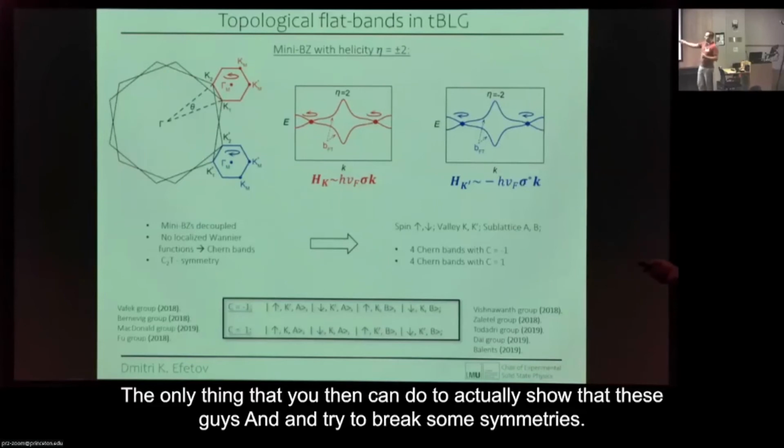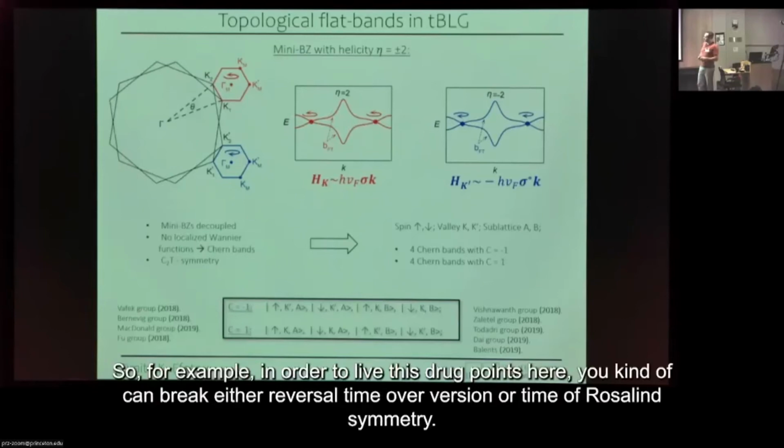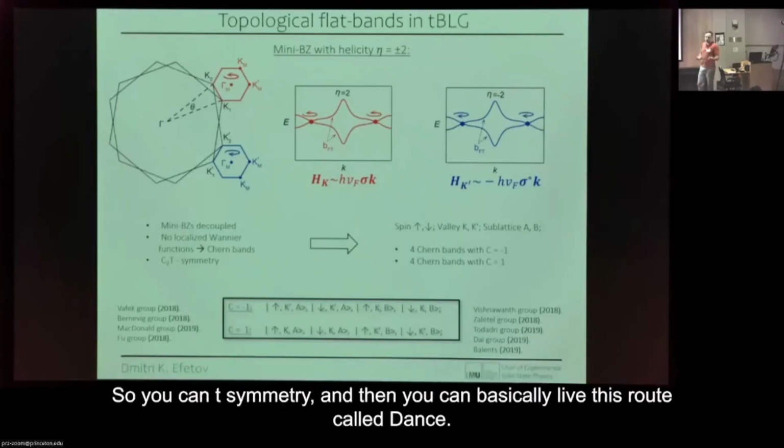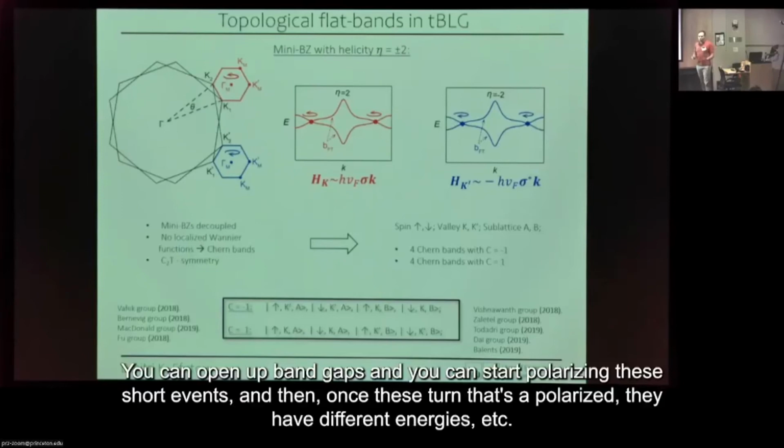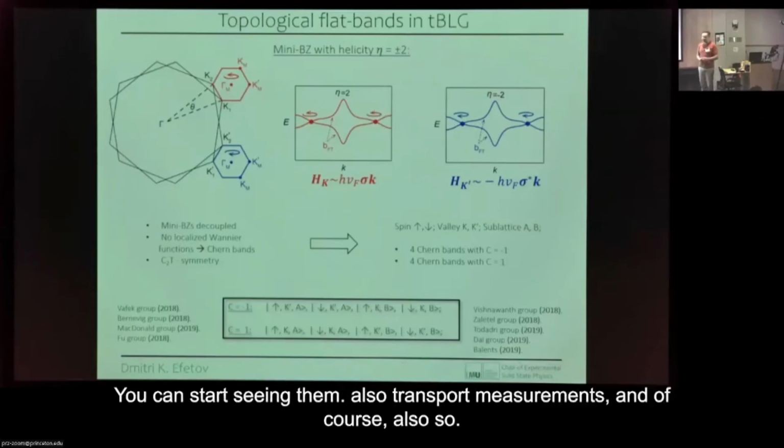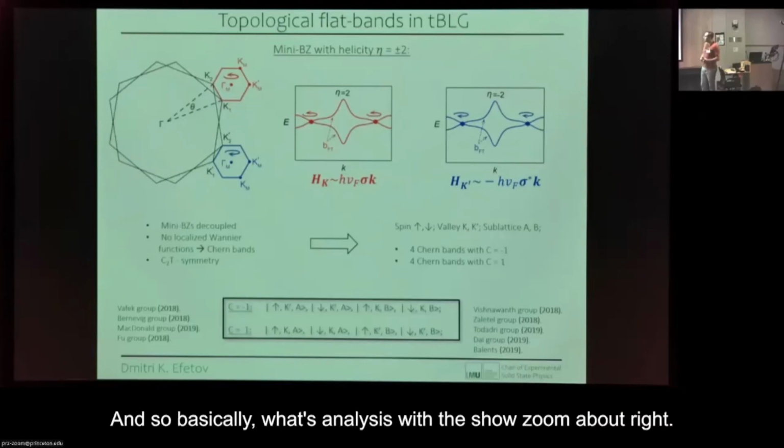For example, in order to lift these Dirac points, you can break either inversion or time reversal symmetry, so C2T symmetry. Then you can lift these Dirac bands, open up band gaps, and start polarizing these Chern bands. Once these Chern bands are polarized, once they have different energies, you can start seeing them also in transport measurements, and of course also in STM measurements and so on.